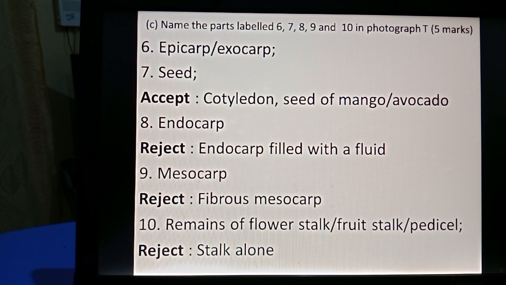Mesocarp, reject fibrous mesocarp. 10, remains of flower stalk or fruit stalk or pedicel. Reject stalk alone.